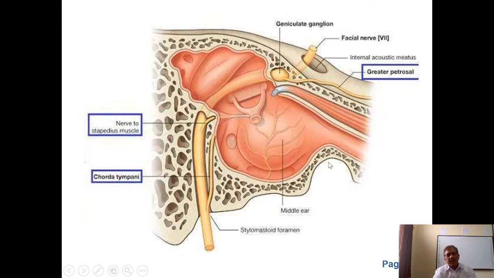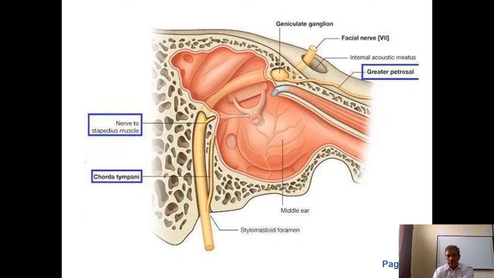And as the chorda tympani comes out, it joins the lingual nerve, and through the lingual nerve, it supplies the submandibular gland, the secretomotor fibers. It has the secretomotor fibers as well as the special sensation of taste.